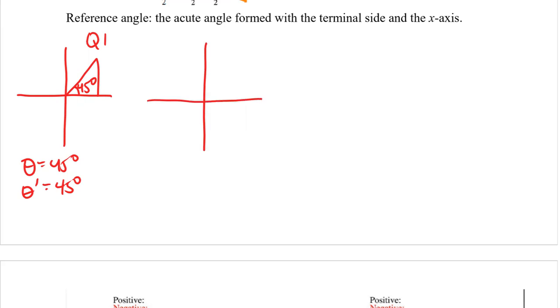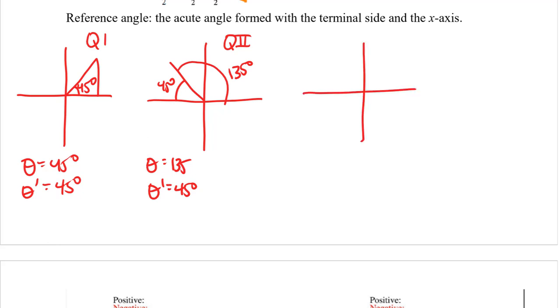In quadrant 2, I'm going to deliberately pick an angle that has a 45-degree reference angle, and I'm going to draw 135 degrees. This angle over here, made with the x-axis, is 45 degrees. So if theta is 135, its reference angle is 45 degrees.